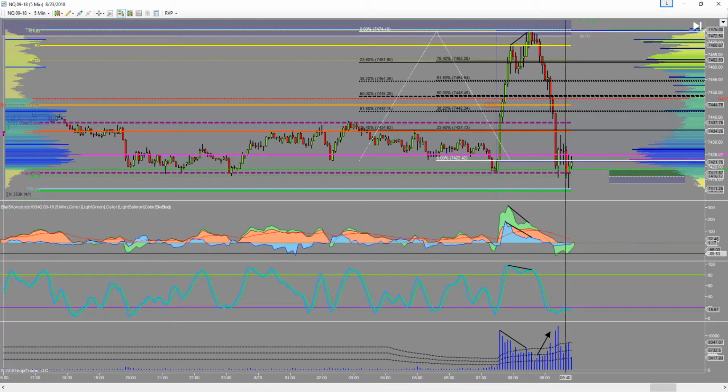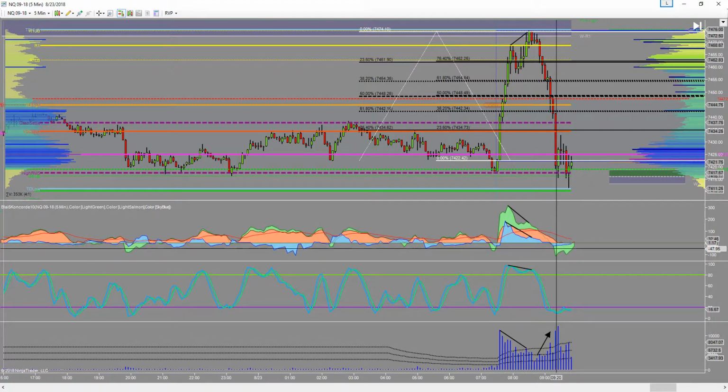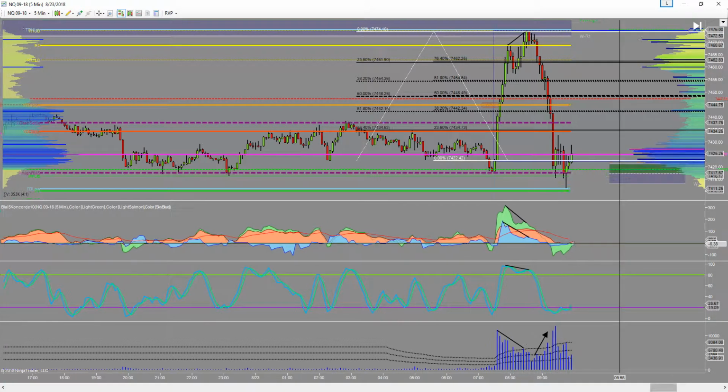They were trying to push the price down, but they came late to the party because smart money was starting to buy and to dump their short trades, so that pushed the market up.